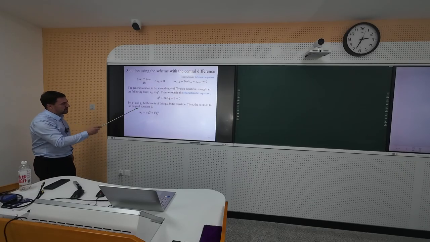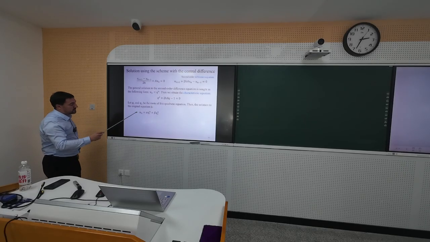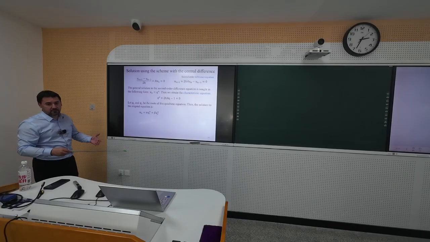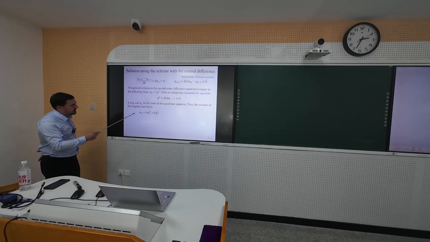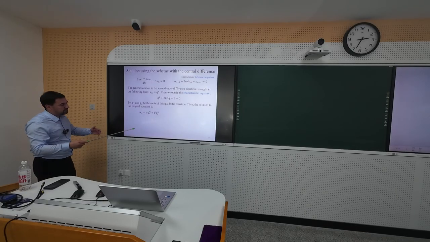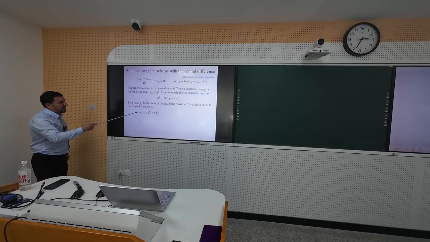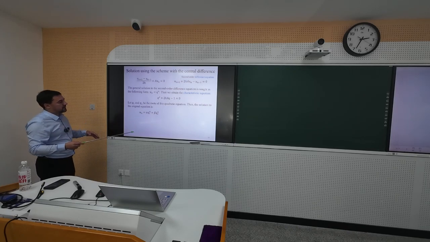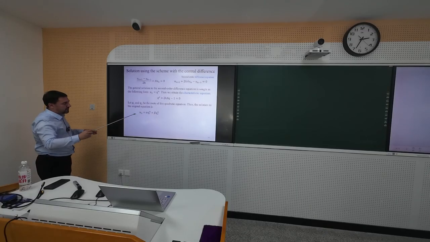Then, similar to the theory of differential equations, we can write the general solution. Here alpha and beta are some constants. We can find these constants from the initial conditions and express them using u0 and u1. How?